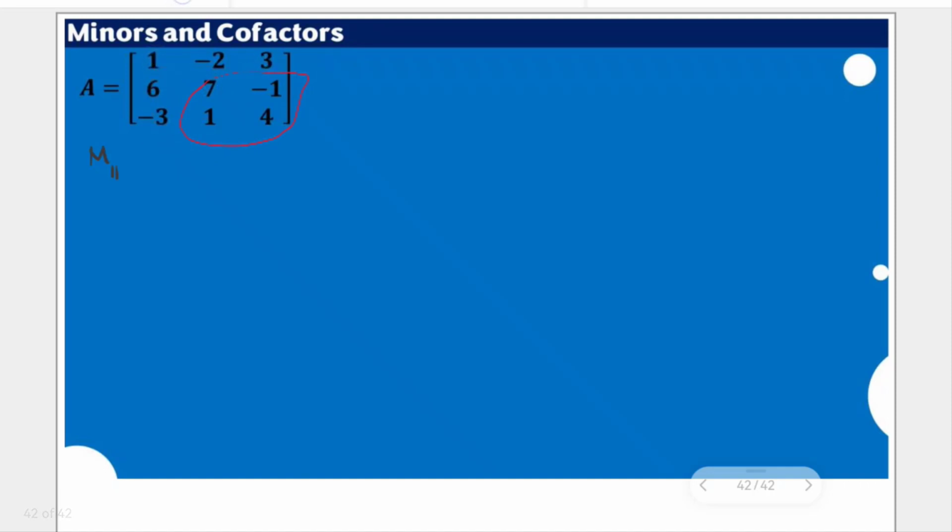So we'll have the determinant AD minus BC. So 7 times 4 is 28, minus 1 times negative 1 is negative 1. So the minor of 1, 1 is equal to 29. This is the first minor.